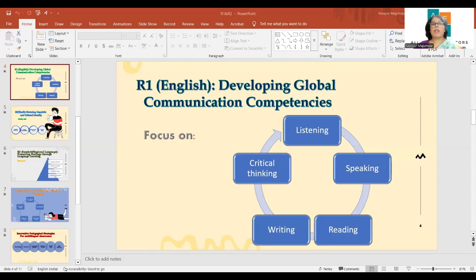Now let's move on to writing. Writing should be purposeful. There should be a purpose of writing. Instead of writing only formal letters, students can create emails. They can write blogs, speeches, report writing, reflective journals where they are expressing their own views, and opinion paragraphs. What is their viewpoint, right?